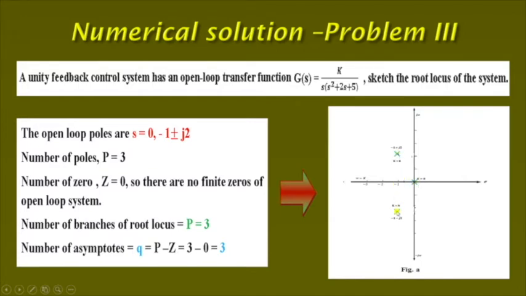Similarly, for this point, this is minus 1 and this is minus j2. When k equal to 0, then root locus starts. So that's why we can write k equal to 0, k equal to 0, k equal to 0. So root locus starts from open loop poles and finishes at the open loop zeros, that means infinity, because there is no finite zero.